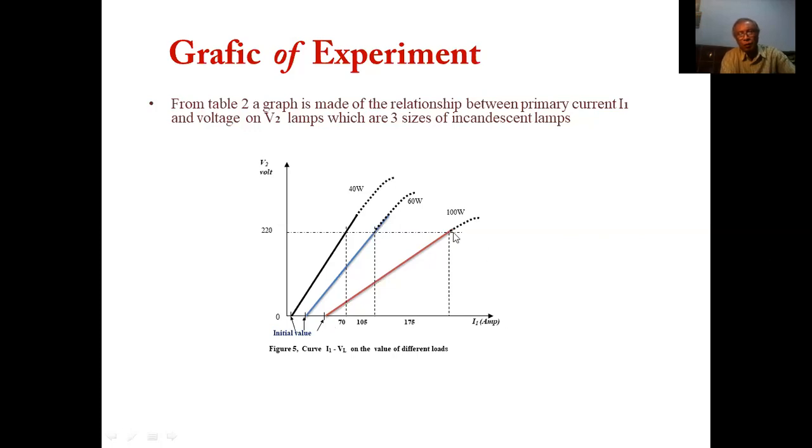For the 100 watts it is about 175, the 60 watt is about 105 amperes, and the 40 watts is 70 amperes.